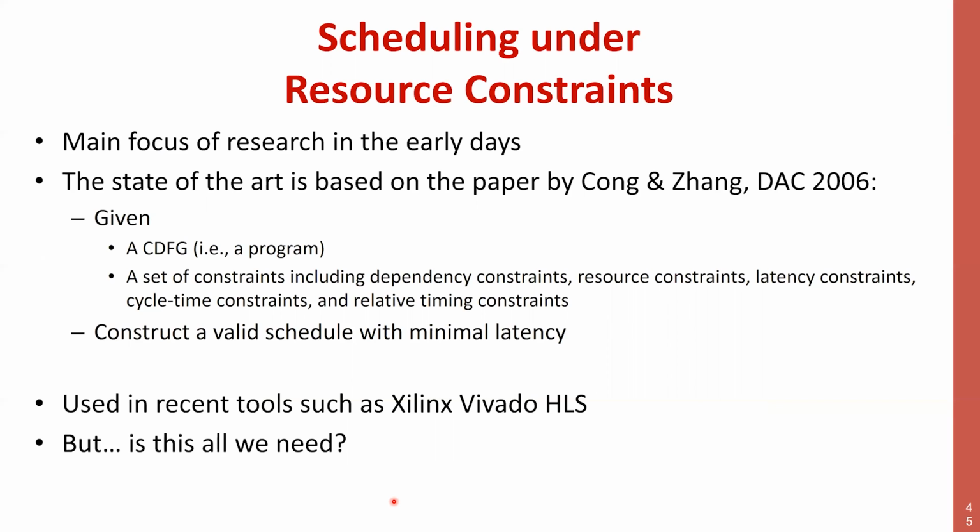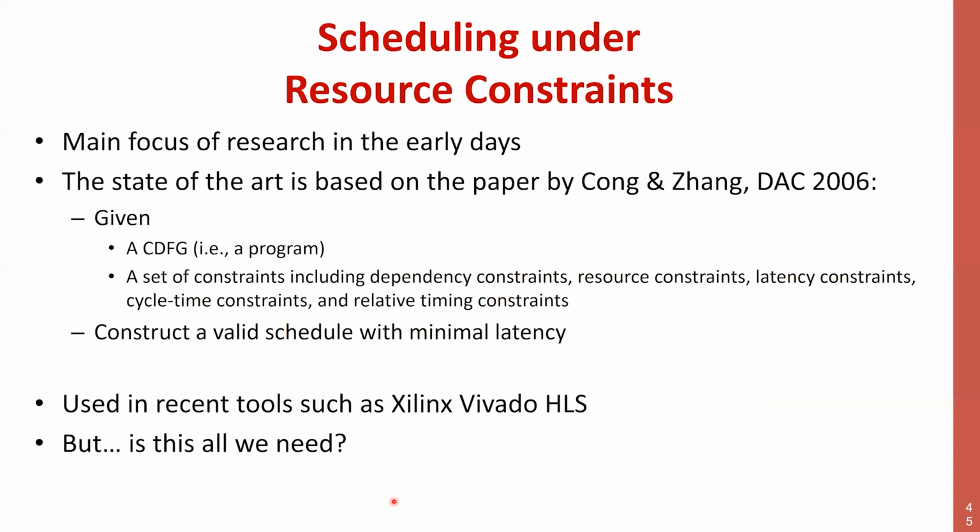And this is built inside some of the tools today. My guess is that almost every tool now uses this formulation inside for the different optimizations, but definitely I know for a fact that Vivado HLS has.